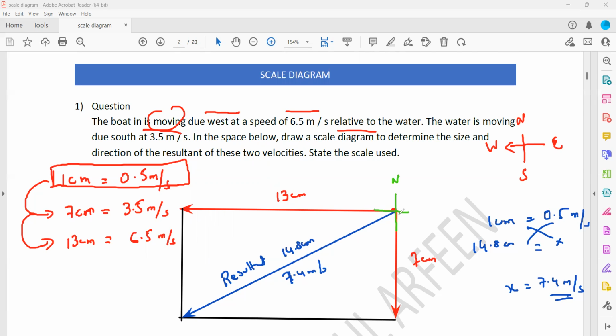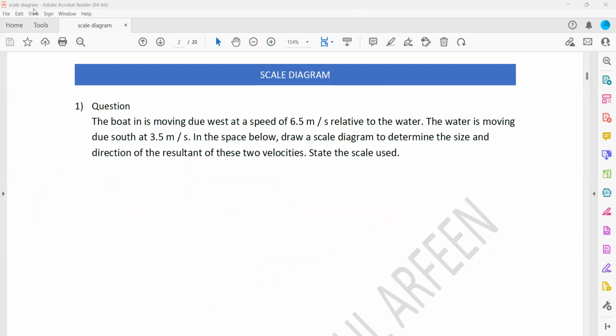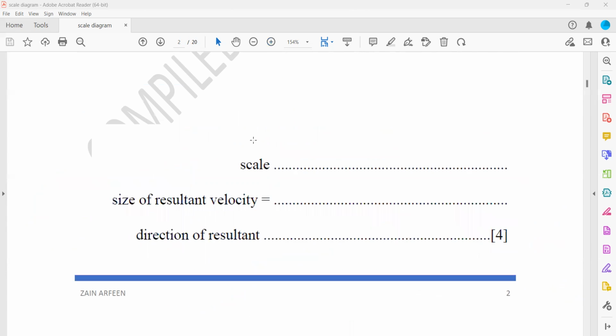We have north here, west here, east and south. Either I can measure the angle from west or from south. When they ask for direction, it can be any number, say 28 degrees. So when I write the direction, I will say 28 degrees from west.